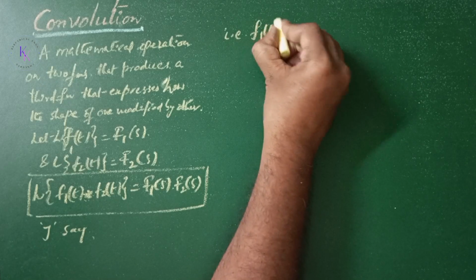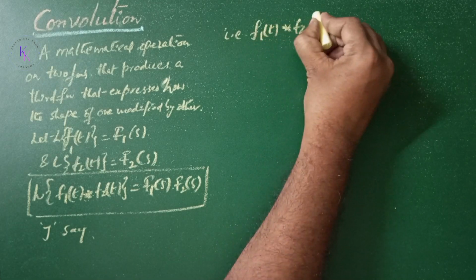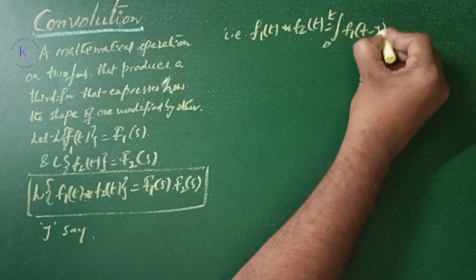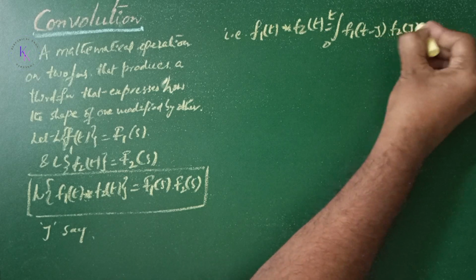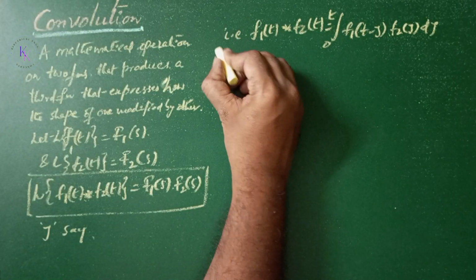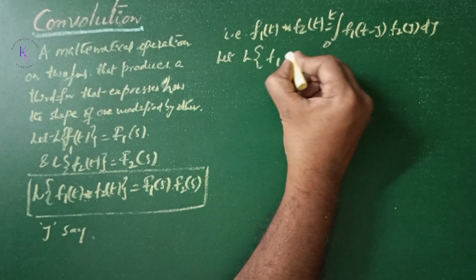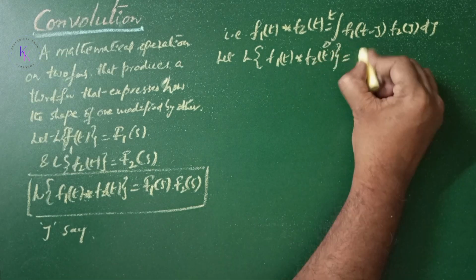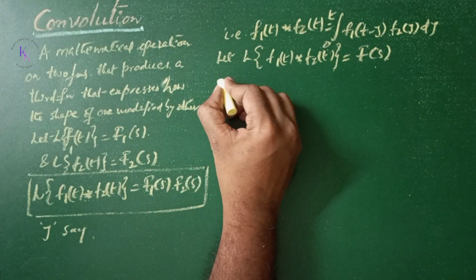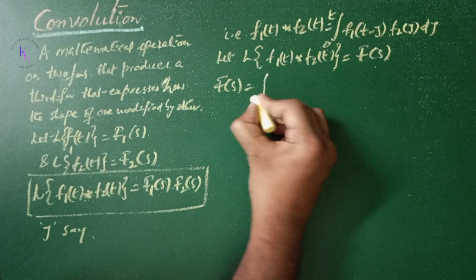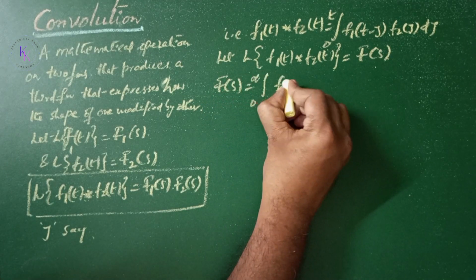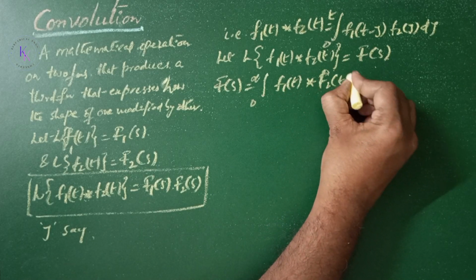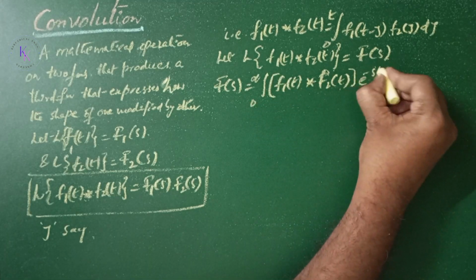That is, f1(t) convolved with f2(t) equals the integral from 0 to t of f1(t minus tau) f2(tau) d tau. Now let the Laplace transform of f1(t) convolved with f2(t) equal capital F(s). So F(s) equals the integral from 0 to infinity of [f1 * f2](t) e^(-st) dt.